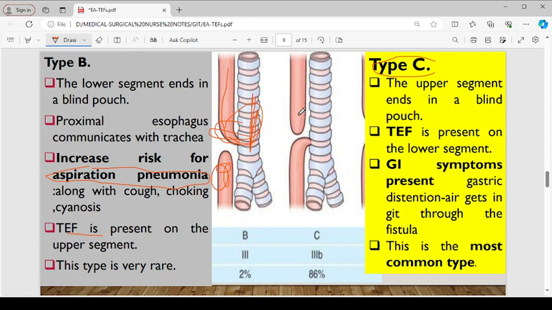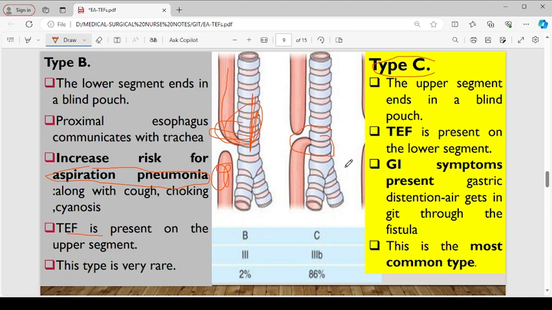You can see the upper one is ending in a blind pouch, while the lower one is communicating with the trachea. It's also good to notice that we have the tracheoesophageal fistula here, where the esophagus is communicating with the trachea in the lower segment.